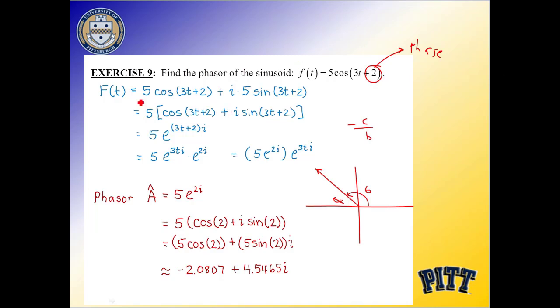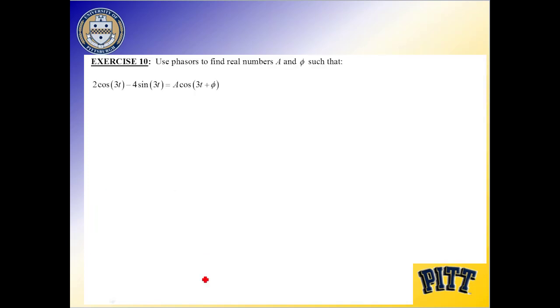The question you're asked to do in WeBWorK is similar to what I have here in example 10. So if you graph this sinusoid, 2 cosine 3t minus 4 sine 3t, it looks like a regular sine curve. It's pretty small, and it's really hard to determine what the period is and things like that just by counting it off, okay?